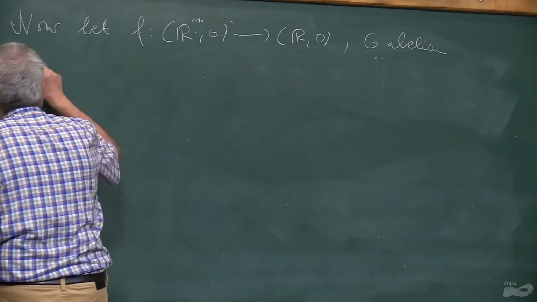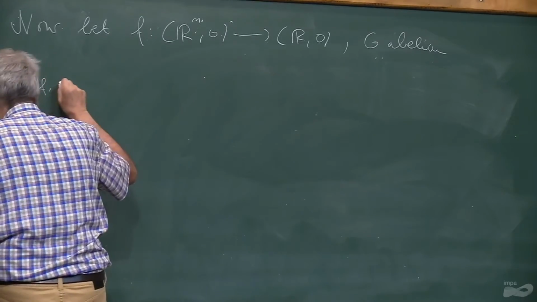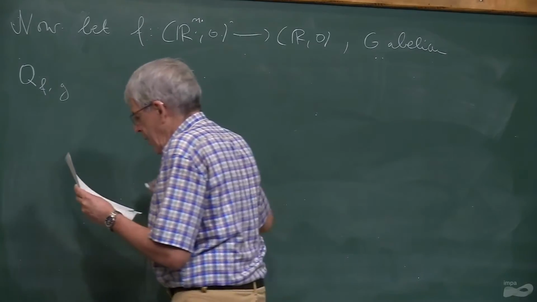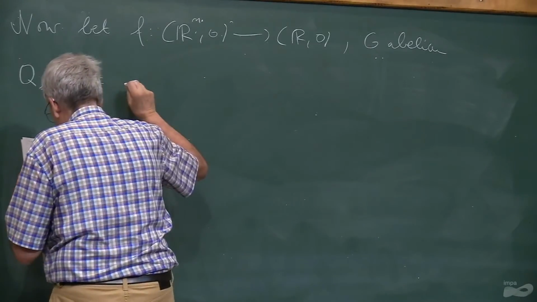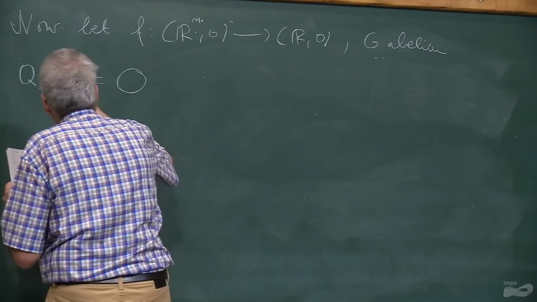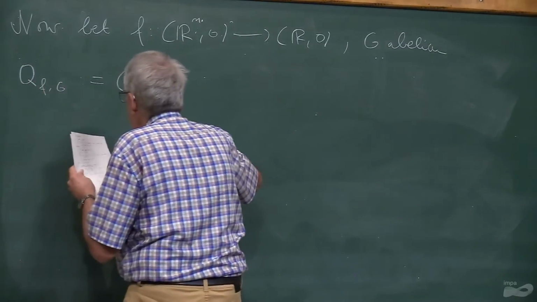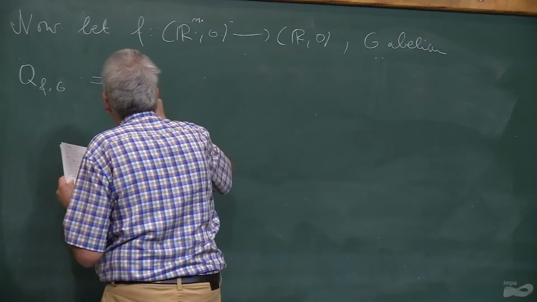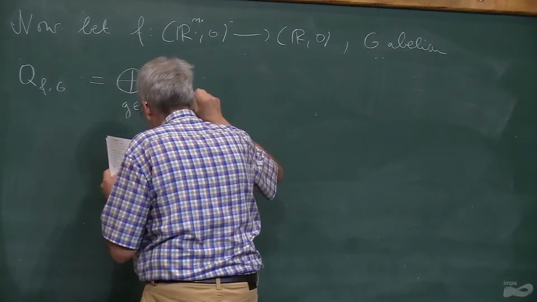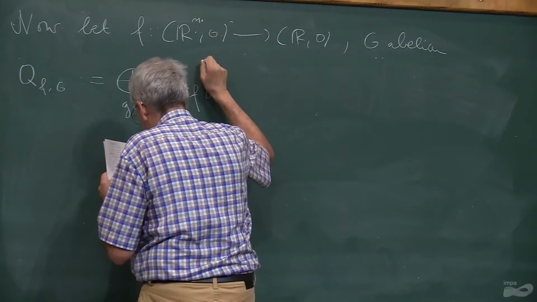And I denote by Q F the sum over all g in G, sorry, this should be capital G, the sum over all g of omega Fg.